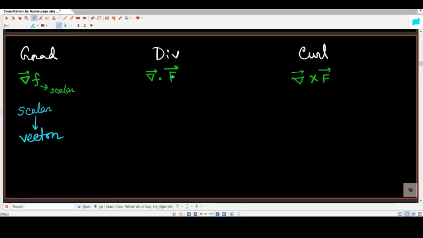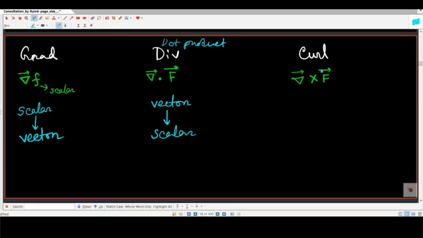Divergence. In divergence, we have a vector field. So divergence will convert a vector to a scalar. Divergence is also acting as dot product. Curl. Curl of f.